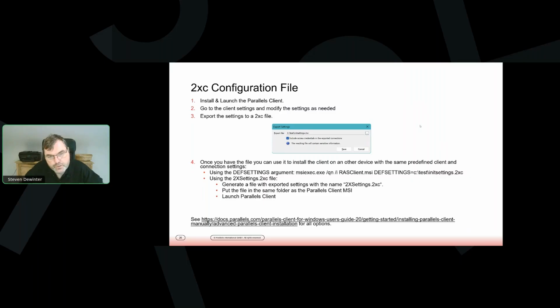And then there are some parameters that you can specify to the MSI when installing the client to use that pre-configured configuration file. Or if you call the file 2xsettings.2xc and you put that in the same folder as your client MSI, it will automatically also take these settings. So that's one way to pre-configure clients.